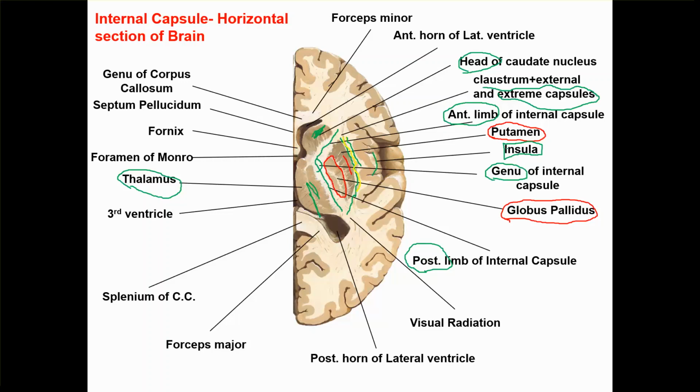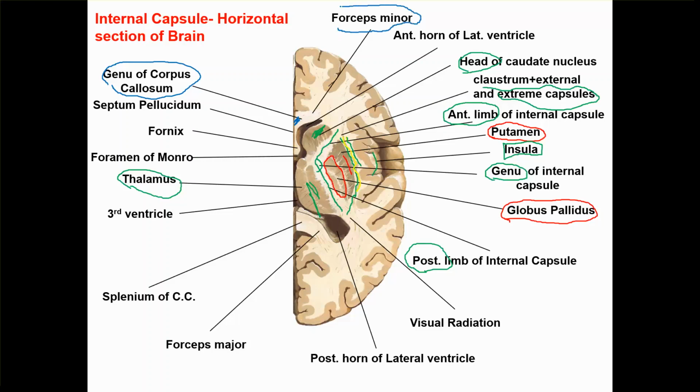Now, what are the other parts which are visible? We can see parts of the corpus callosum. The corpus callosum has a genu, which is seen here. This is the genu of the corpus callosum. You can see the fibers of the forceps minor passing through the genu.